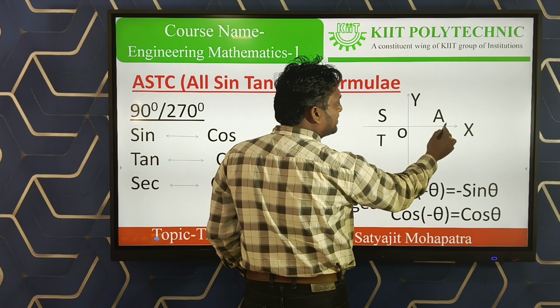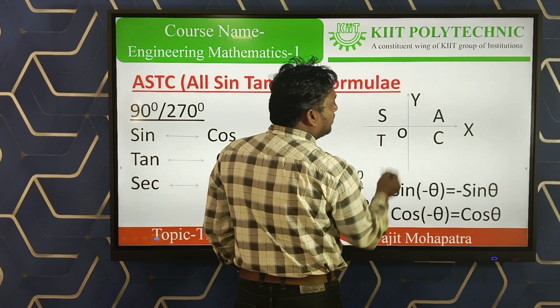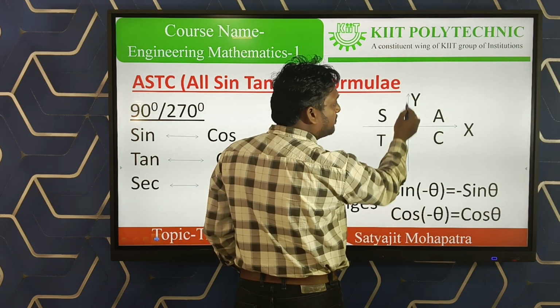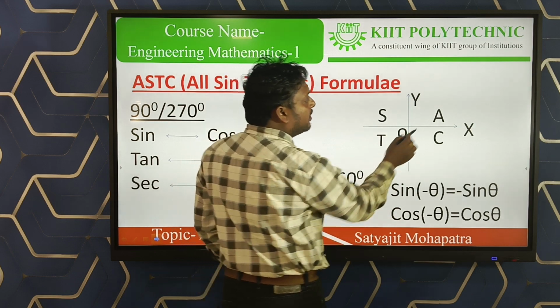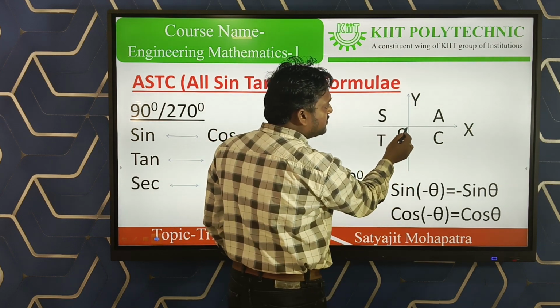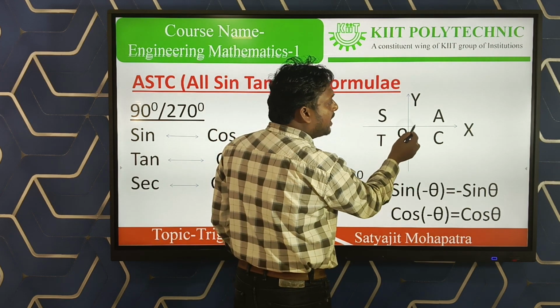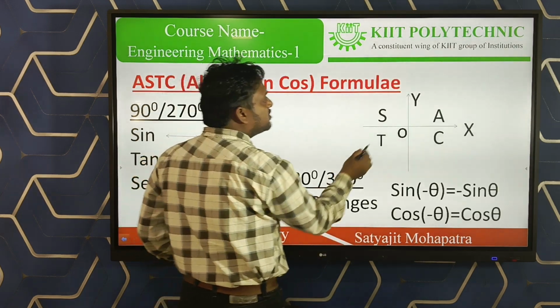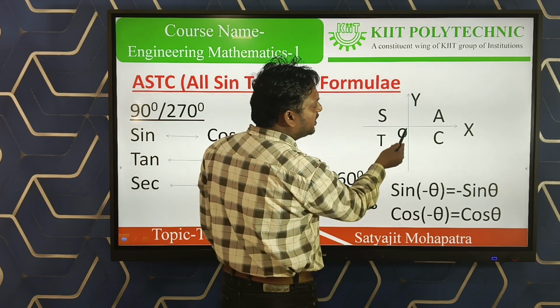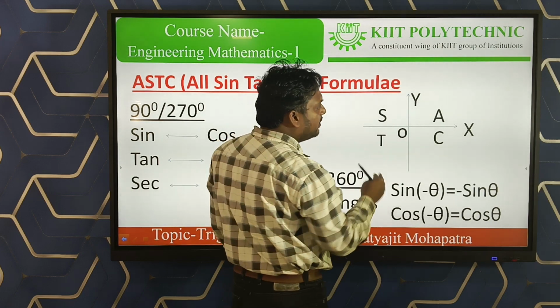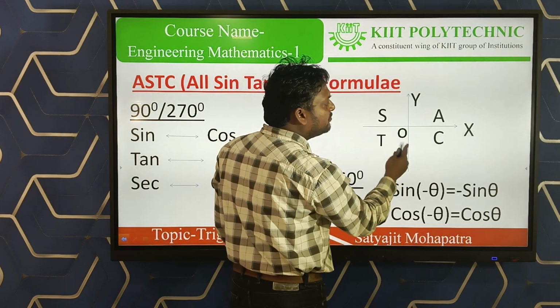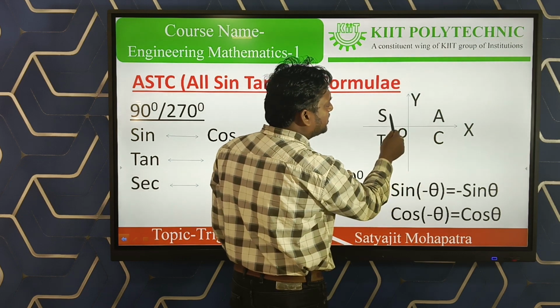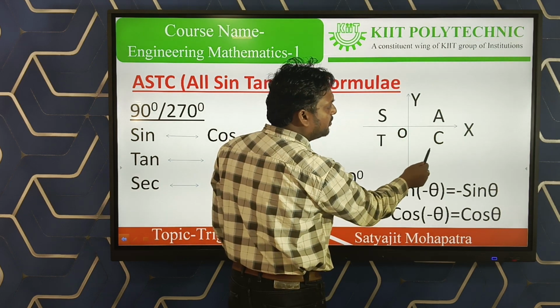If we draw the x-axis first, horizontal, then draw the y-axis, that is perpendicular or vertical. The intersection of the x-axis and y-axis gives you the origin. Then the whole plane is divided into 4 quadrants: first quadrant, second quadrant, third quadrant, fourth quadrant.